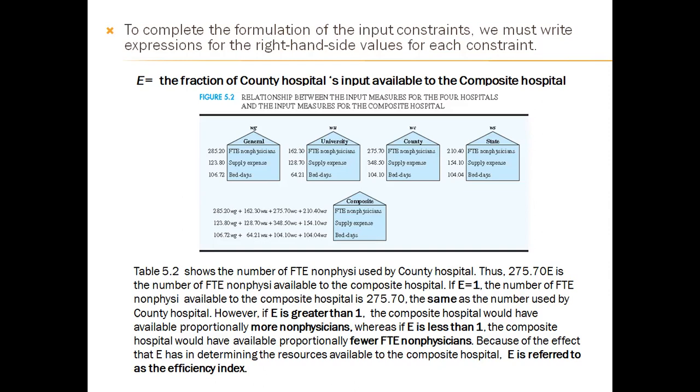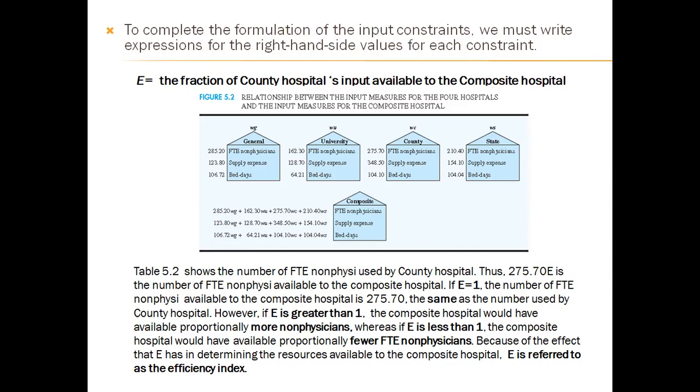Thus, 275.70E is the number of FTE non-physicians available to the composite hospital, with an E. So if E is equal to 1, the number of FTE non-physicians available to the composite hospital is 275.70, just the same as the number used by the county hospital.